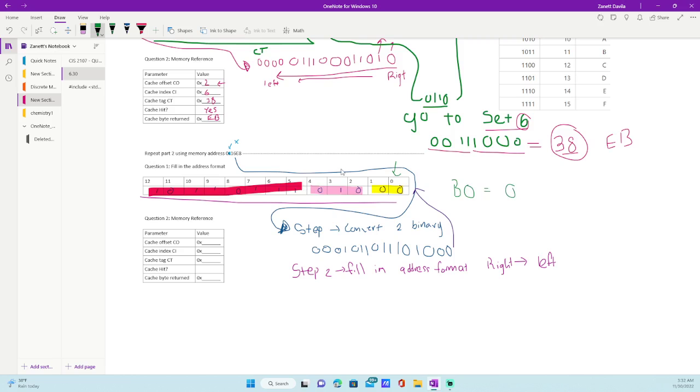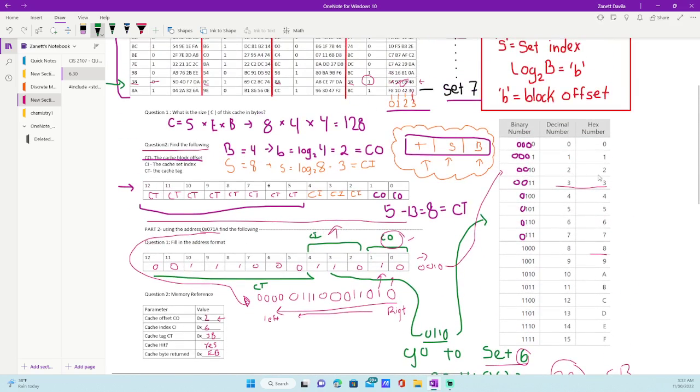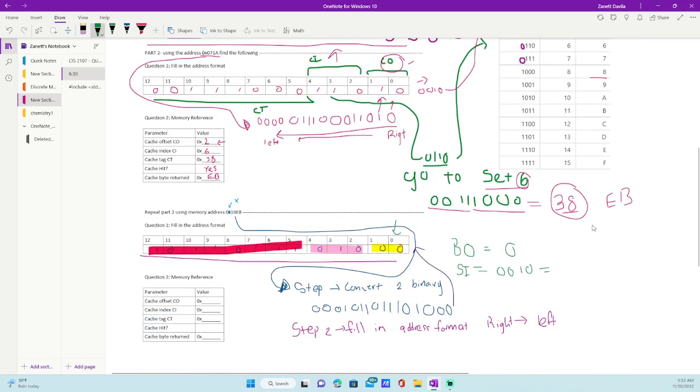Now our set index, I'm going to use abbreviated letters, is going to be 0, 0, 1, 0, which equals set 2. Cool. Remember that this corresponds to set. What set are we going to be looking at? It's going to be set 2.